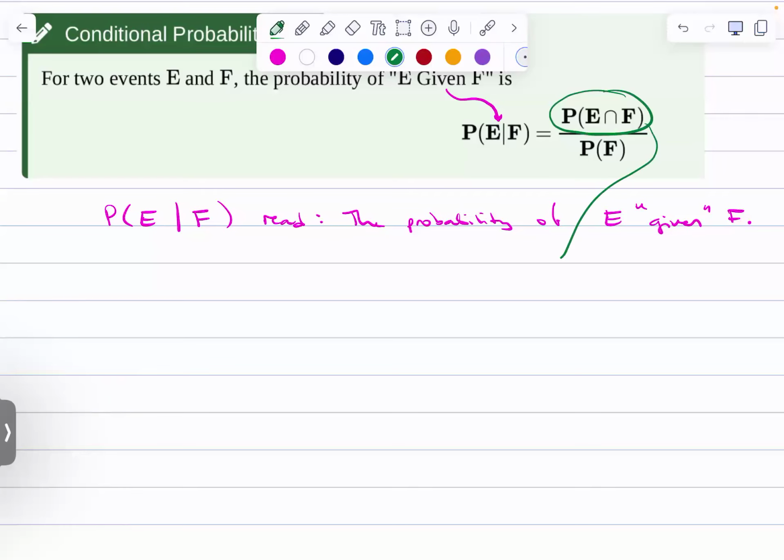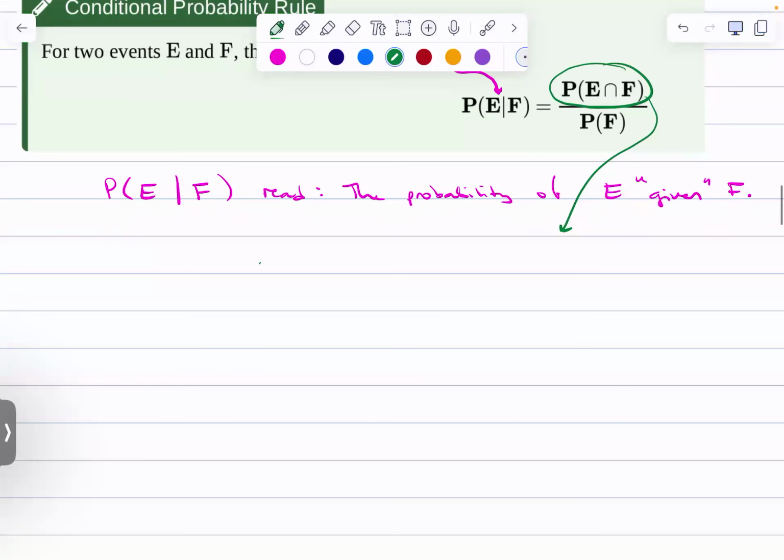But I do want to also make a note here, because it comes up sometimes. Note, the probability of E and F is the same as the probability of F and E, since the order that we multiply in doesn't matter.